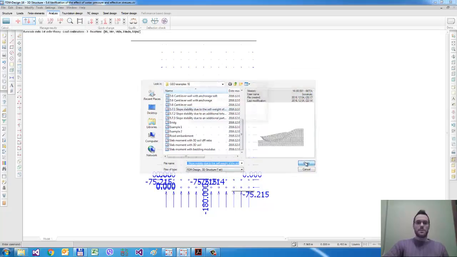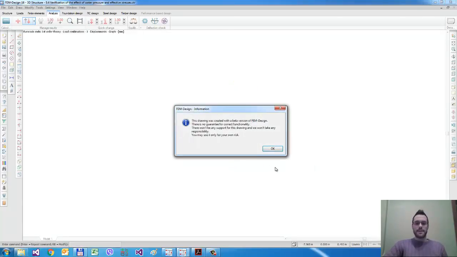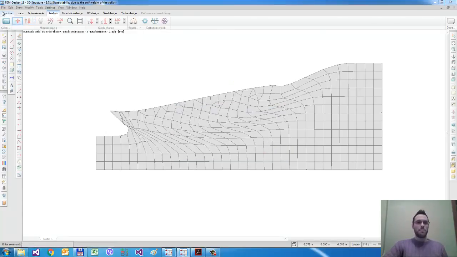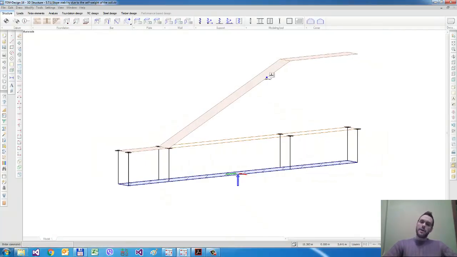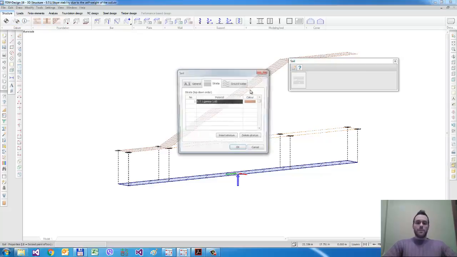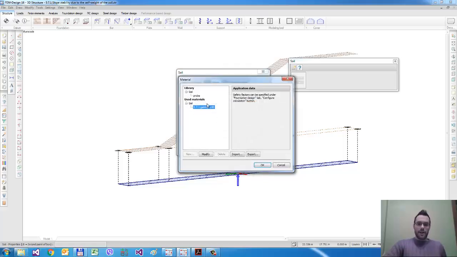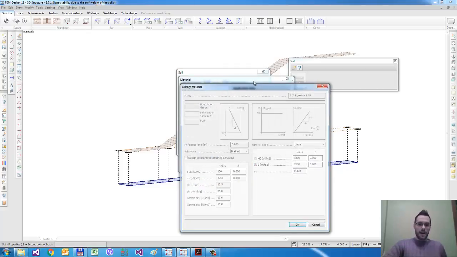So let's see a slope stability problem. In this case I apply a slope, you can see the geometry here, and the slope is 2 to 1. I apply just the self weight of the slope, and I would like to analyze whether it's a stable or an unstable slope.